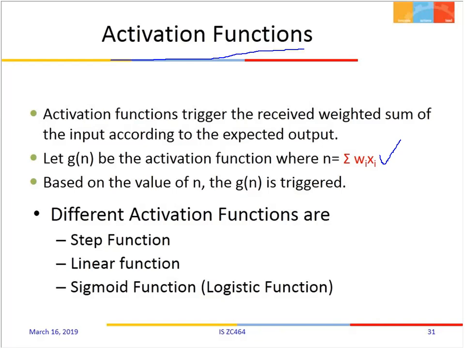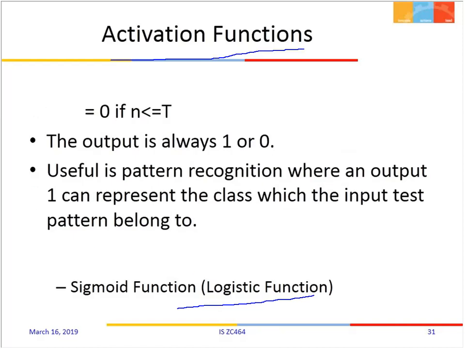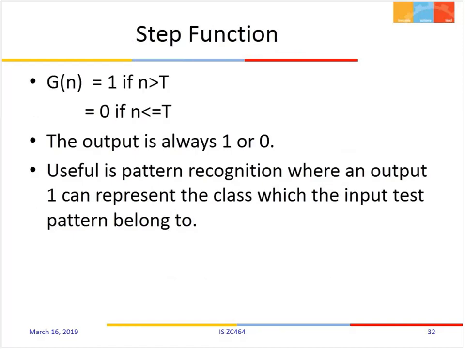Activation functions can be a step function, as we discussed. It could be a linear function as simple as y equals x, or the sigmoid function, which is used more for regression many times. So the step function is simple: G(n) equals 1 if n is greater than t, and is 0 if n is less than or equal to t. The output is always 0 or 1.